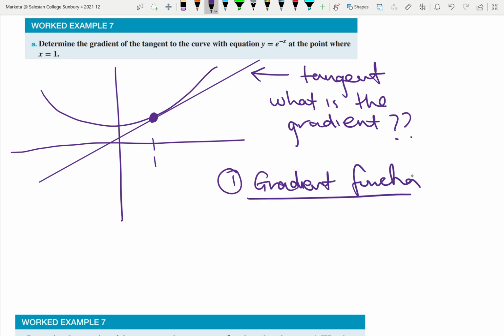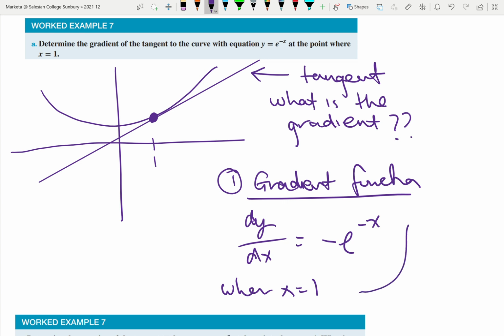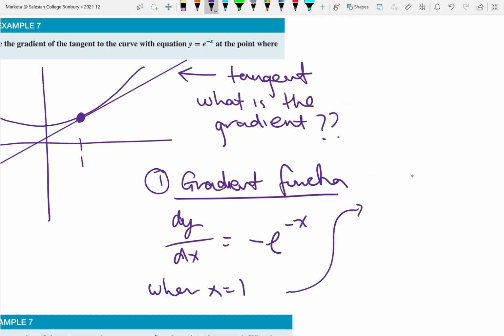So dy over dx equals negative e to the negative x, and we want to know when x equals 1. So we just substitute a 1 into that. dy over dx at x equals 1 is negative e to the negative 1, so that equals negative 1 over e.